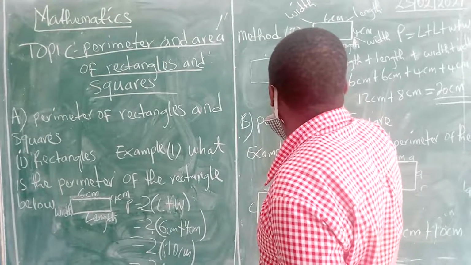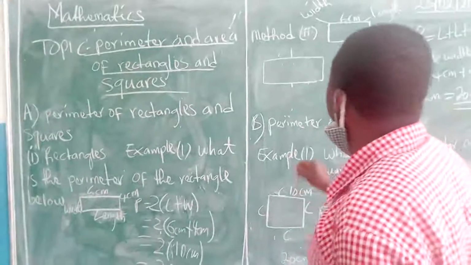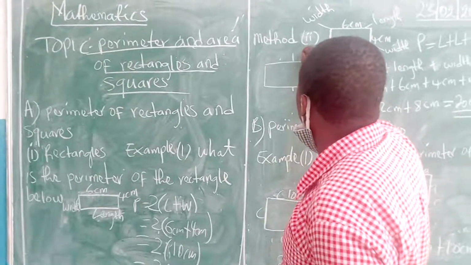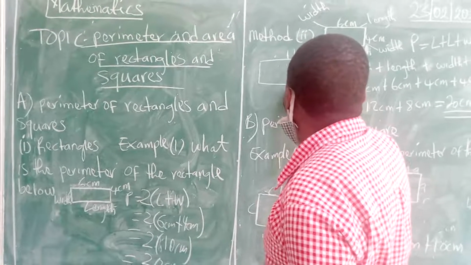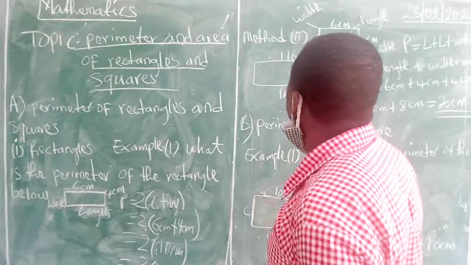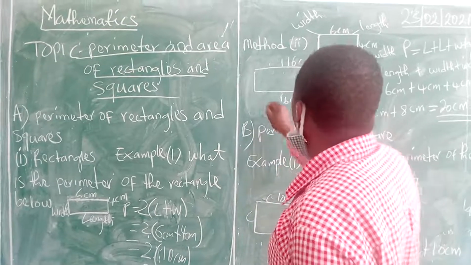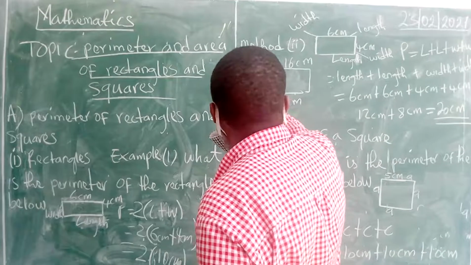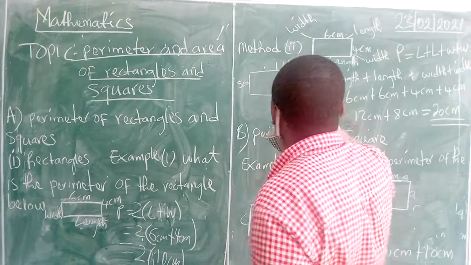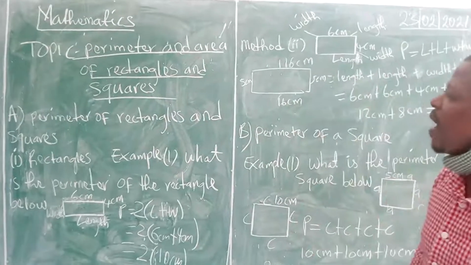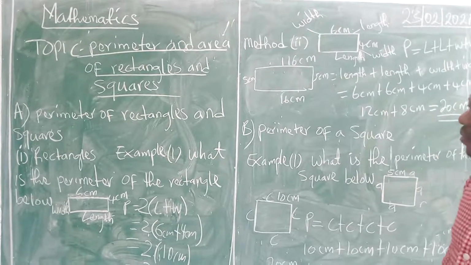It has two opposite horizontal lines of the same length, meaning that if this line up here is 16 centimeters, the one down will be 16 centimeters. And it has two vertical opposite lines of the same length, meaning that if this one here is 5 centimeters, the other one too is 5 centimeters. That is one thing we have to first of all consider about rectangles.